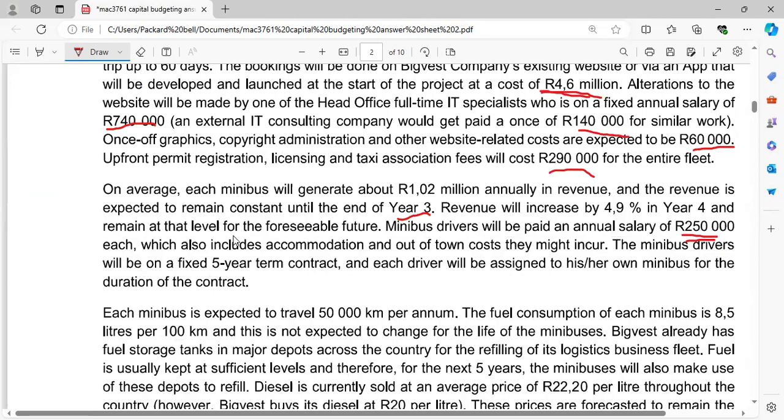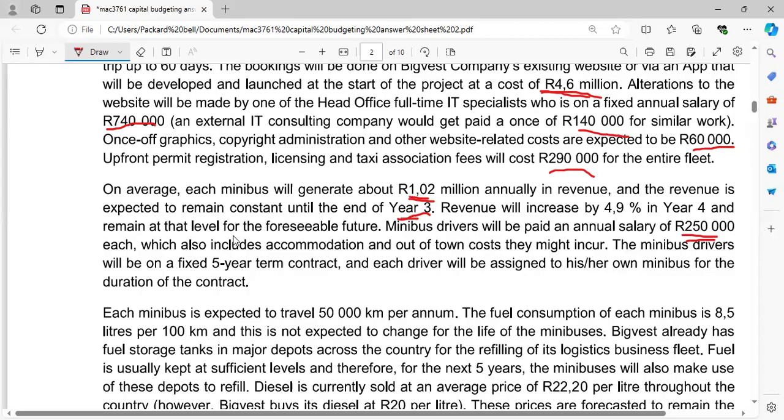They say on average, each minibus will generate about 1.2 million annually in revenue, and the revenue is expected to remain constant until the end of year 3. So the 1.2 million for each minibus will be constant until year 3. Then revenue increases by 4.9 in year 4 and remains at that level for the foreseeable future.